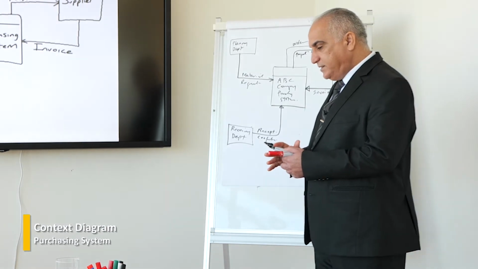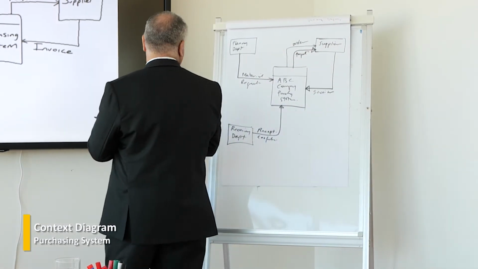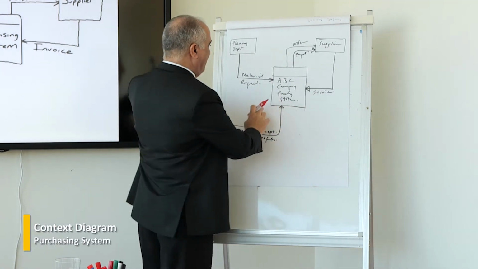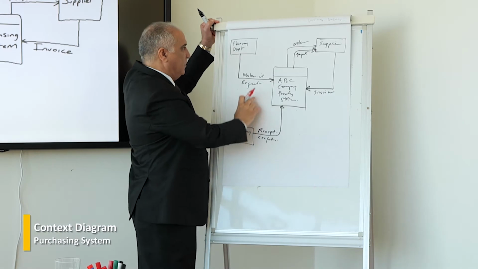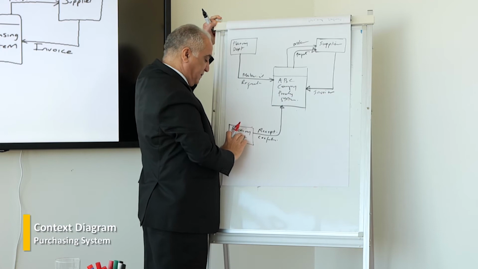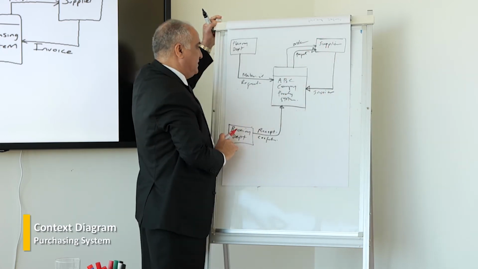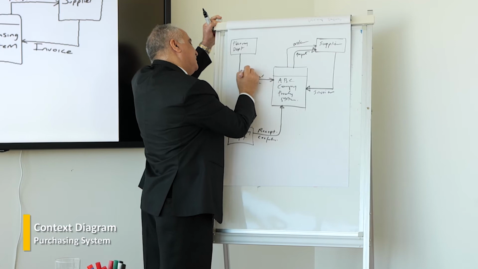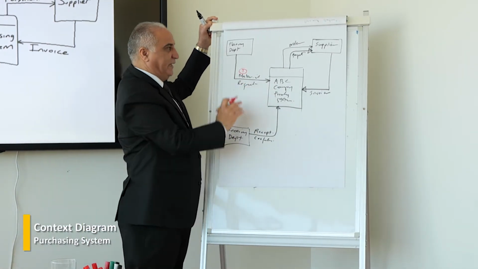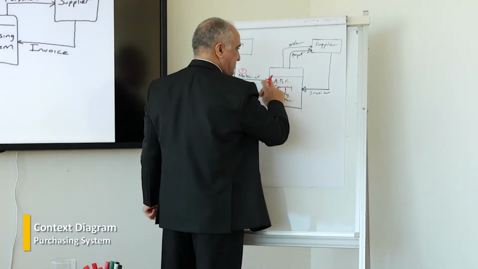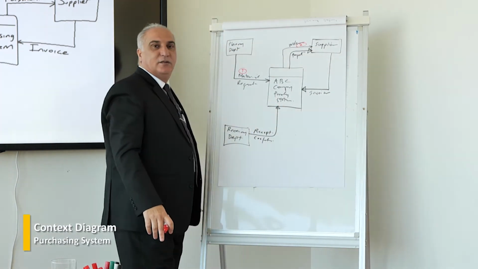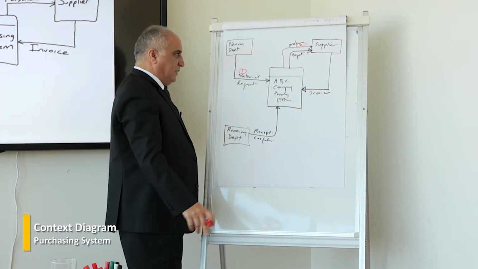So now let's go through the sequence. Well, the sequence is very simple. We have a context diagram, which has the system name. We have the external entities, which are the planning department, supplier, and receiving. The first sequence is a material request has been placed. The second, the system is going to send an order to the supplier.